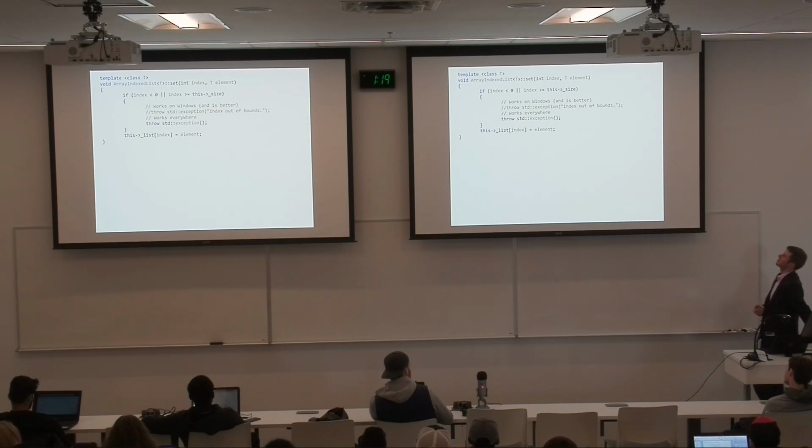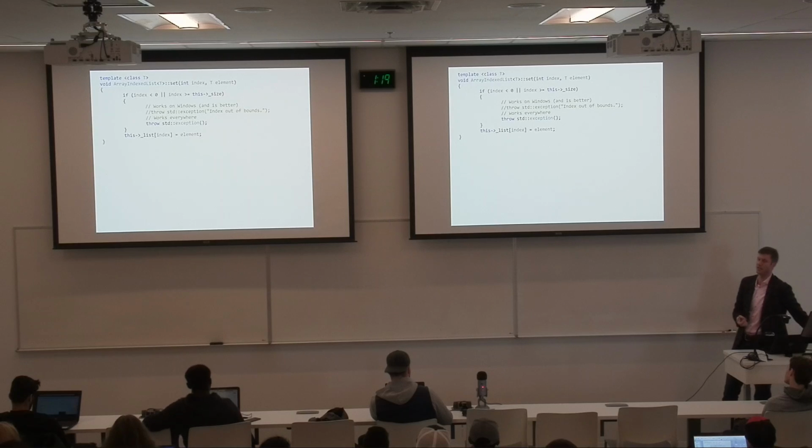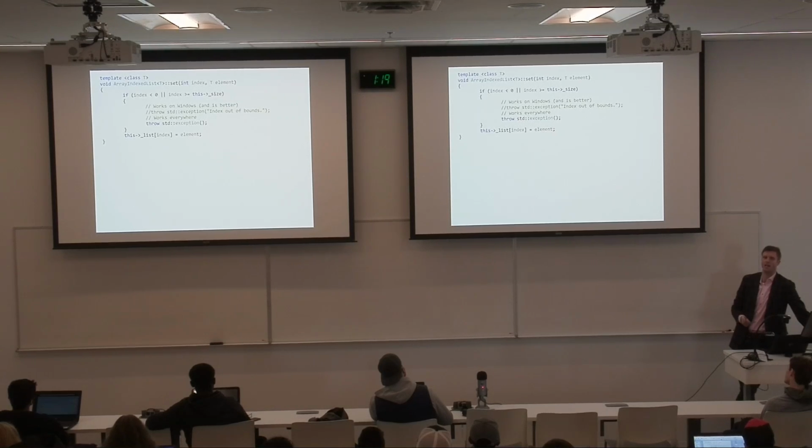Oh, we've got set. Set a given thing at an index to an element. What is that check doing? What's that if statement asking? Making sure it's in the actual range of indexes that exist. Right.